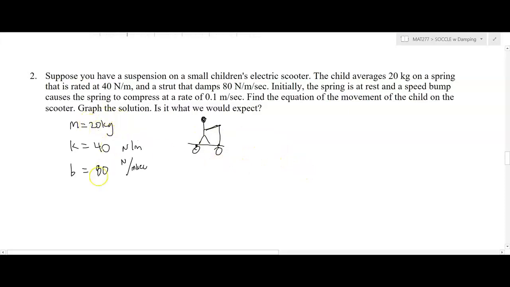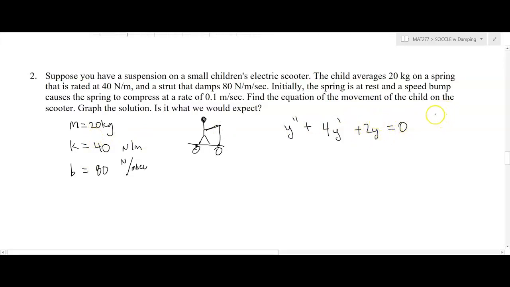Okay, great. So we also have our initial conditions. We have that y of 0 equals 0. The spring is at rest, so nothing's happened yet, but it just bumped into a speed bump. It's going to cause the spring to compress at a rate of 0.1 meters per second. So our equation is going to be the second derivative plus b over m, which is 80 over 20, that equals 4, y prime, plus k over m, 40 over 20, which is 2, y, and that equals 0.